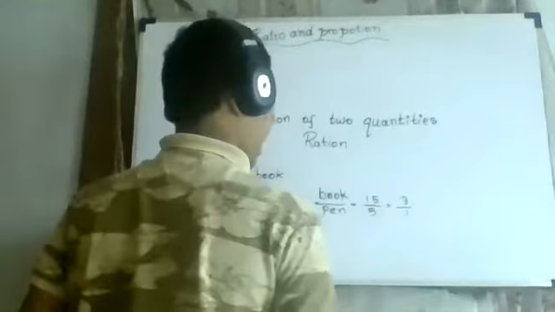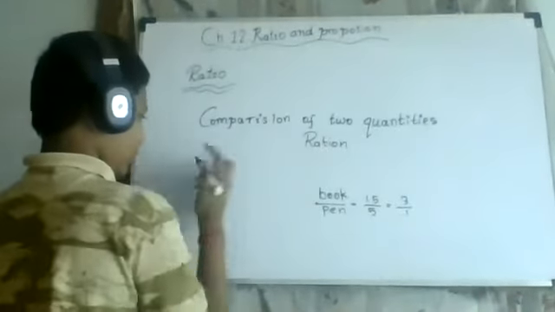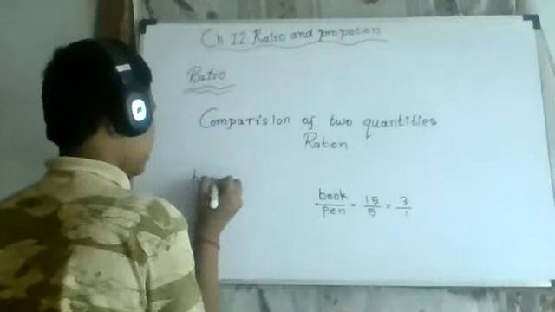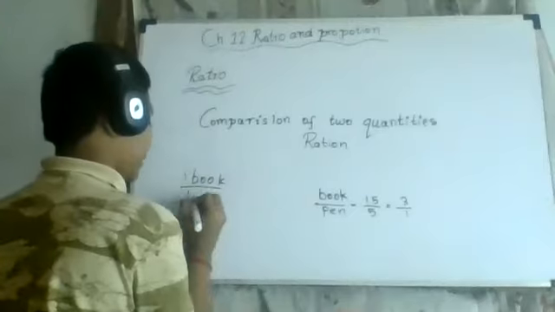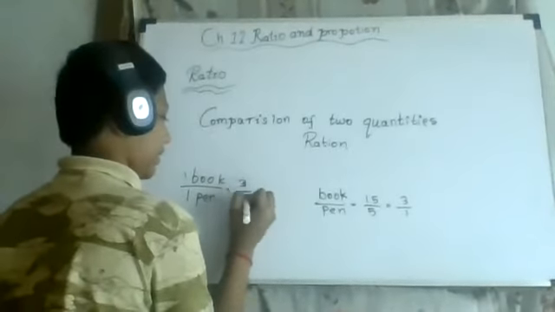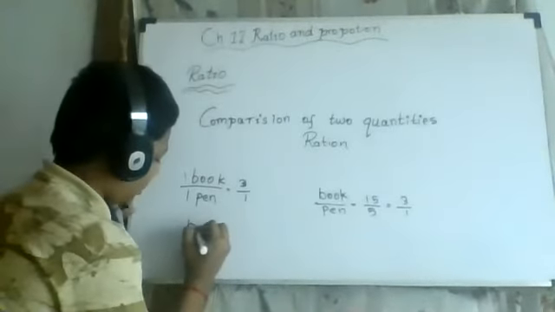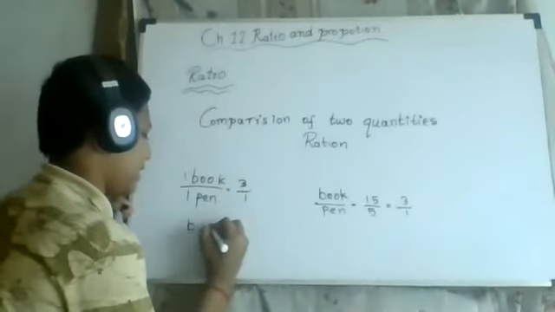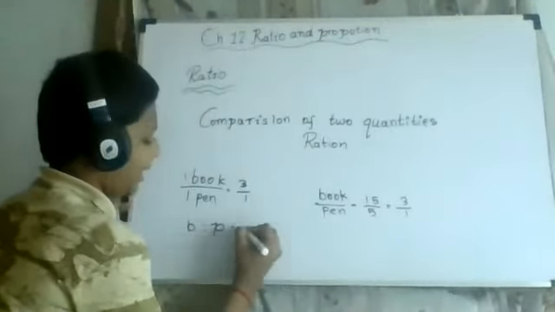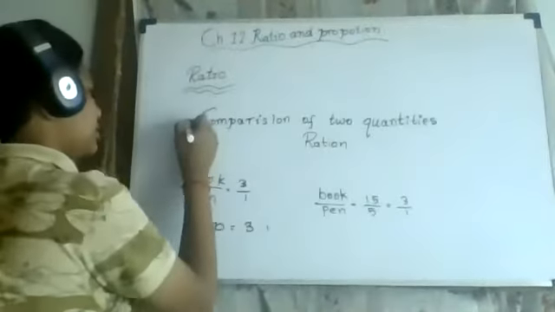So what we found is book by pen, that is one book by one pen, is 3 by 1. We can write this as B is to P, 3 is to 1. This is the first point.